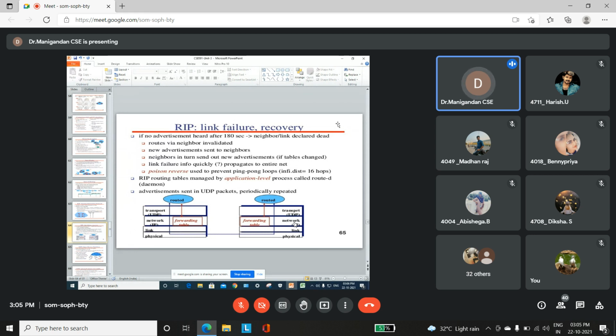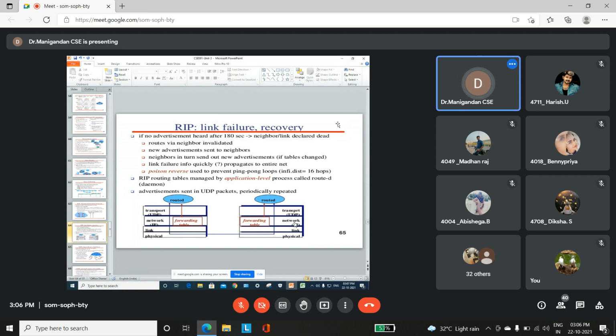The neighbors in turn send out a new advertisement if their table changed. If a routing table has changed, the new routing table will be transmitted from source to destination. Link failure information quickly propagates through the entire network.